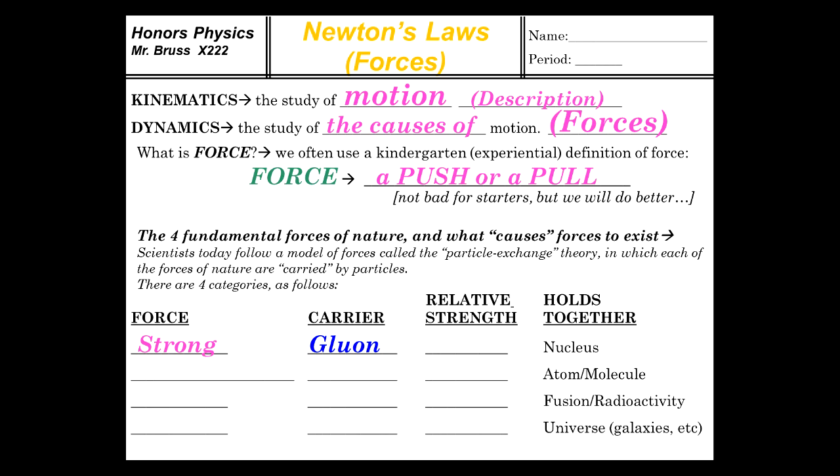Well, that probably seems like a reasonably good description of this force because it holds the nucleus together. You think of the nucleus of protons and neutrons. Well, that nucleus would come apart if it wasn't for the gluons, the strong force, holding it together. The relative strength, which I haven't indicated what that is yet, 10 to the 38.